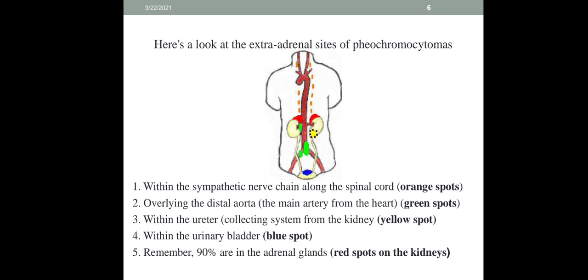Number 3, within the ureter collecting system from the kidney, presented by yellow spots. Within the urinary bladder, blue spots. And remember that 90% is in the adrenal gland, which is represented by the red spot on the kidney.